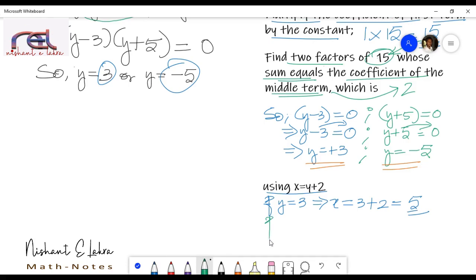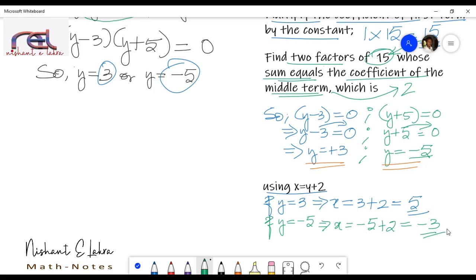Alright, and if y is equal to minus 5, then x is equal to y plus 2, that is minus 5 plus 2. And when we solve this, we get minus 3. So we have found the value of x also.